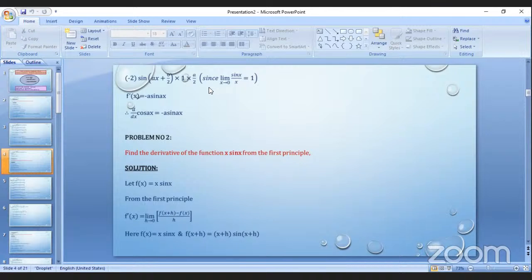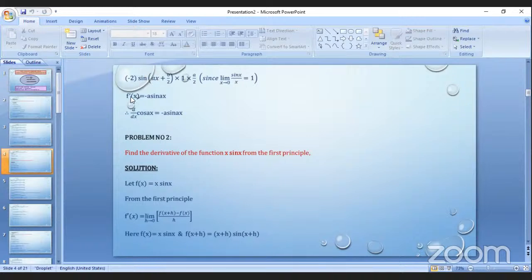So in the term limit ah by 2 tends to 0 sin ah by 2 by ah by 2, it is equal to 1. So into 1 into a by 2, here minus 2 into sin ax plus ax into a by 2, the 2 gets cancelled, minus a sin ax.